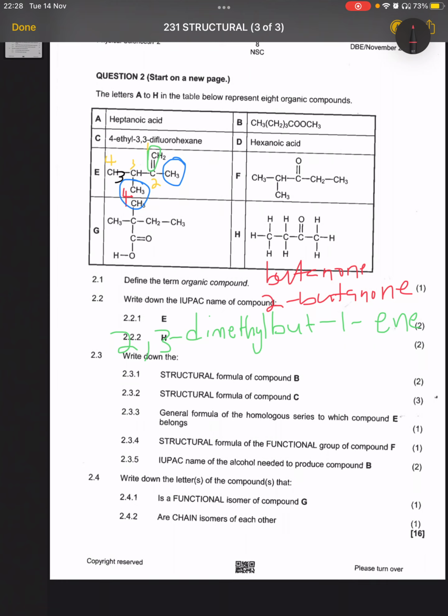Whether you flip the structure left or right, in a mirror image, it is still in position 2.